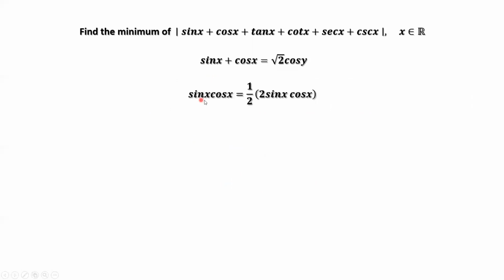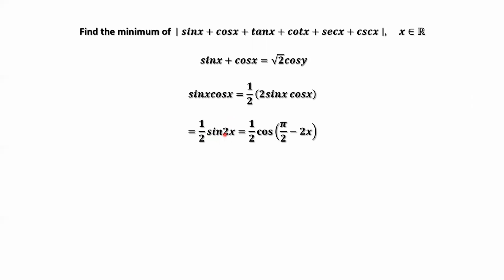Let's convert sine x times cosine x. This is simple algebra: 1/2 times 2 is 1. What is the inside part of this parenthesis? This is the double angle formula, which is sine 2x. The question is, can we convert sine into cosine?